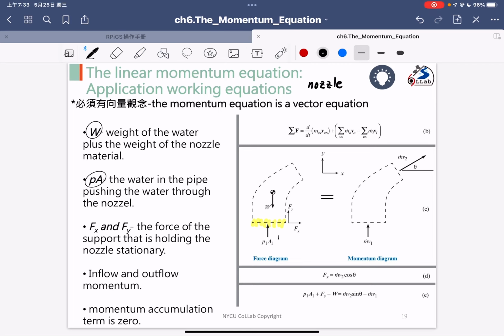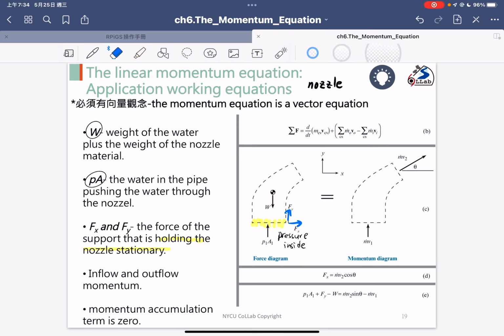So we will have the pressure inside, right? And then we will have additional Fx and Fy, which is the force required to hold the nozzle stationary. Because if you don't have the Fx and Fy, the nozzle will move with the fluid flow, right? So you need an additional force to hold the nozzle stationary.